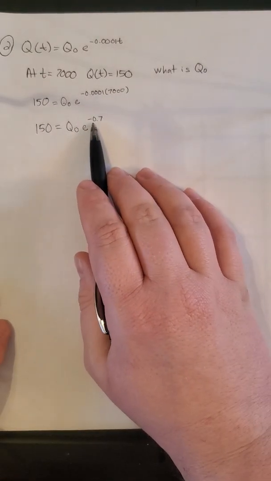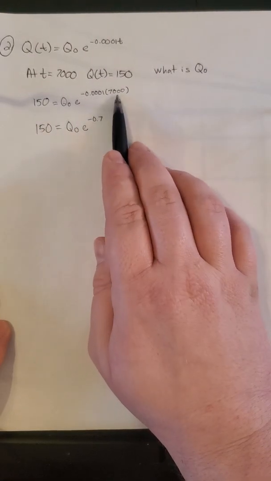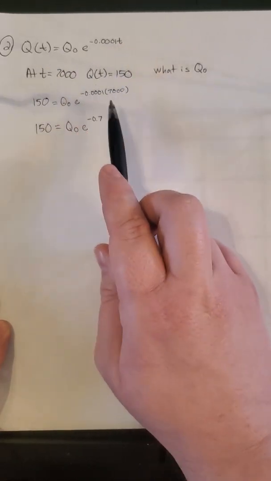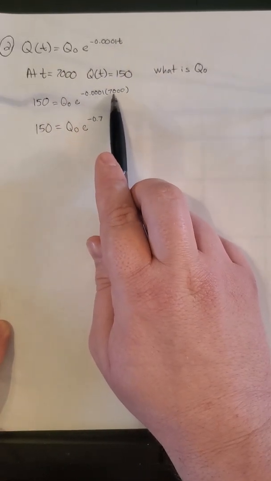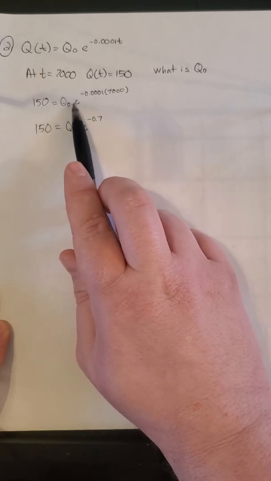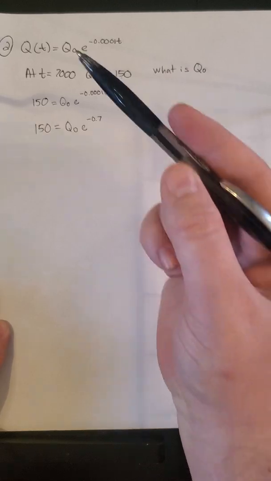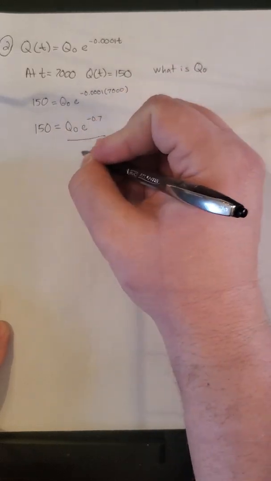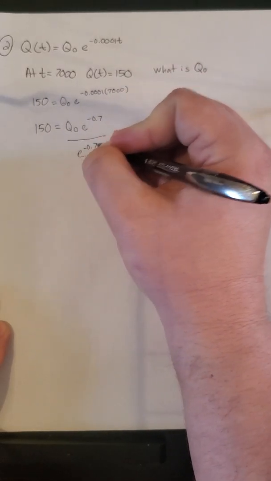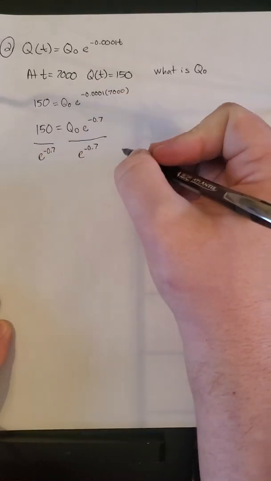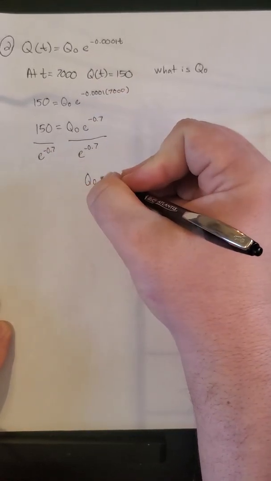Our variable is not in the power, because t was our variable up there, but we know the time now. We're solving for Q sub 0, so all we have to do here, guys, is divide both sides by e to the negative 0.7 power, and that's going to get us Q sub 0.